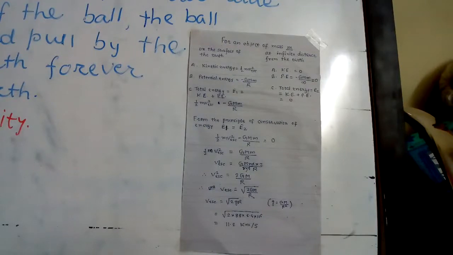So the spacecrafts which are sent to the Moon or other planets have to have their initial velocity larger than the escape velocity, so that they can overcome Earth's gravitational attraction and can travel to these objects. So in this way, we can calculate the escape velocity.